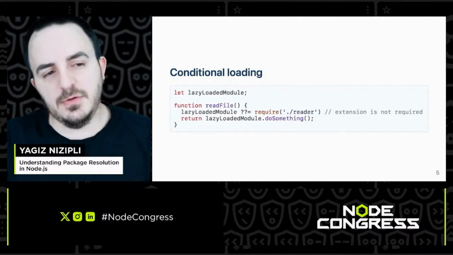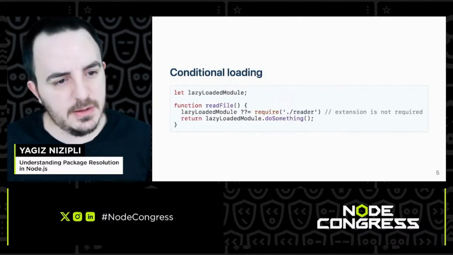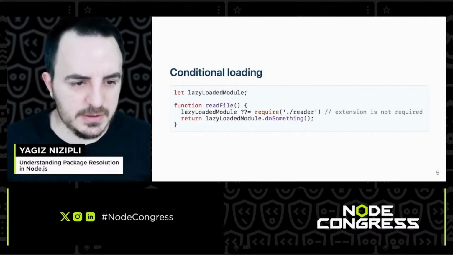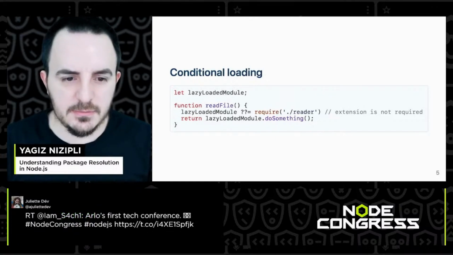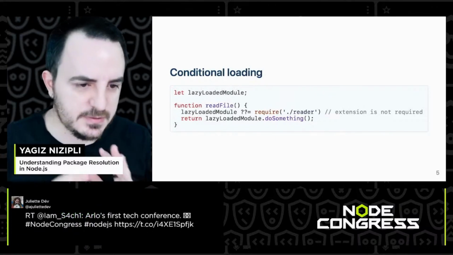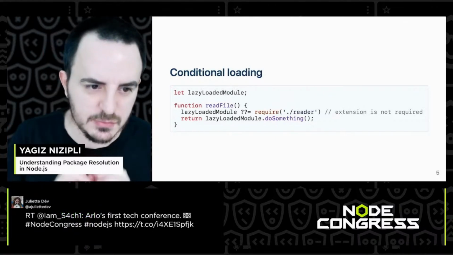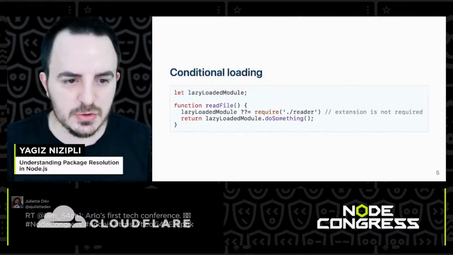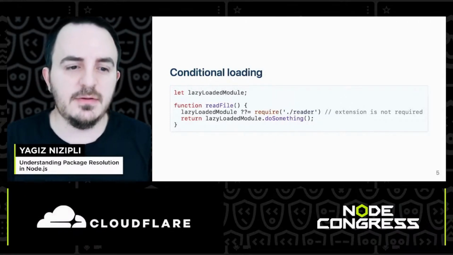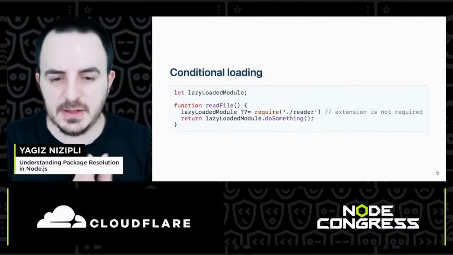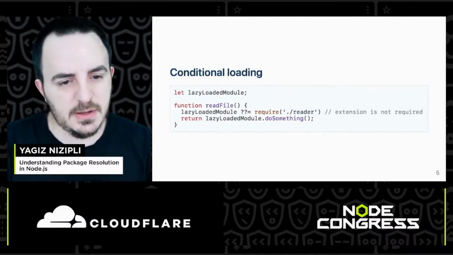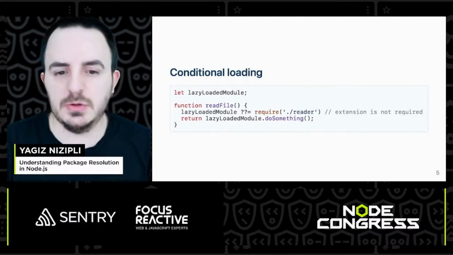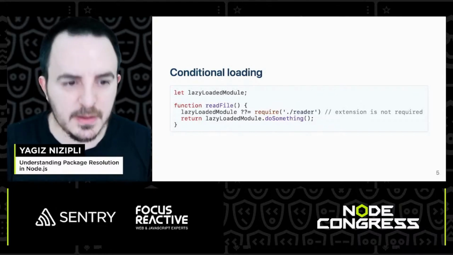So basically, if you want to do conditional loading, let's say you have a function called readFile, and when this function is executed, you want to load a file and use that implementation in your function, then you need to use require inside this function.